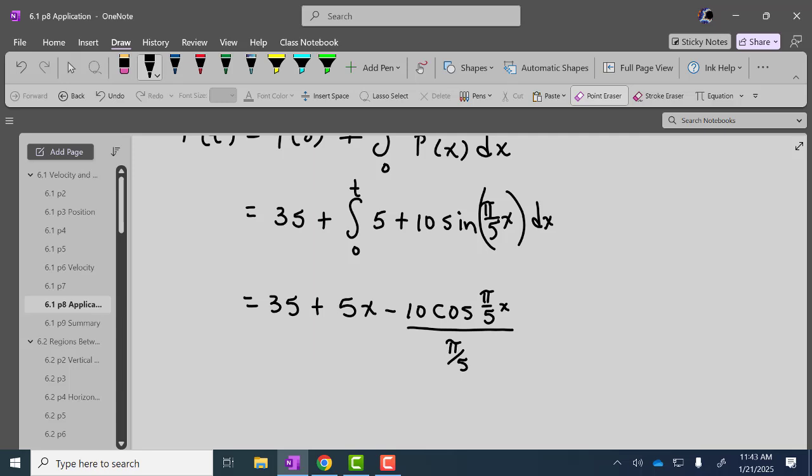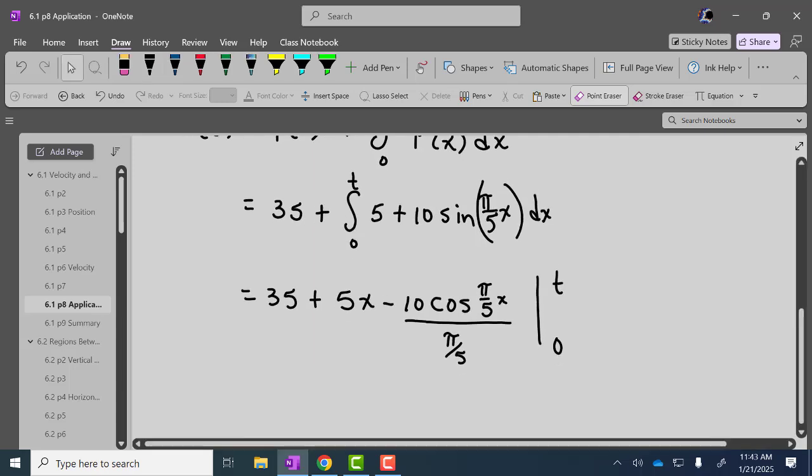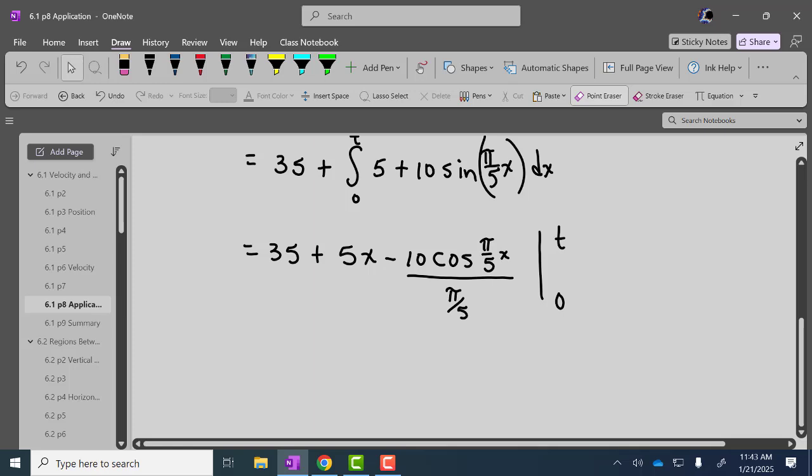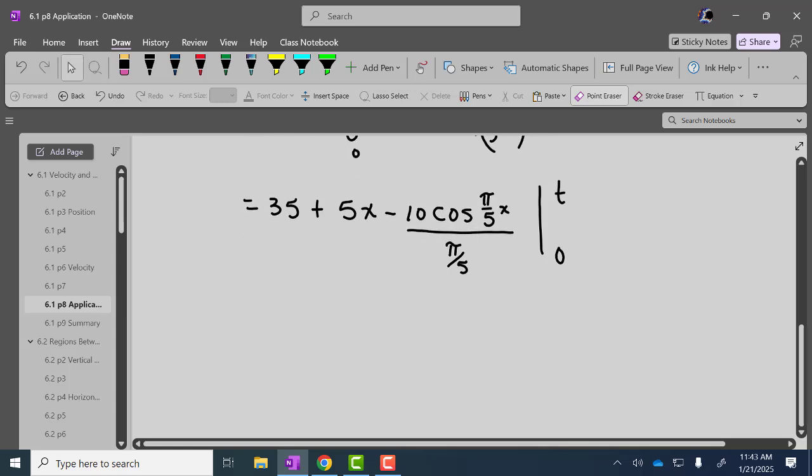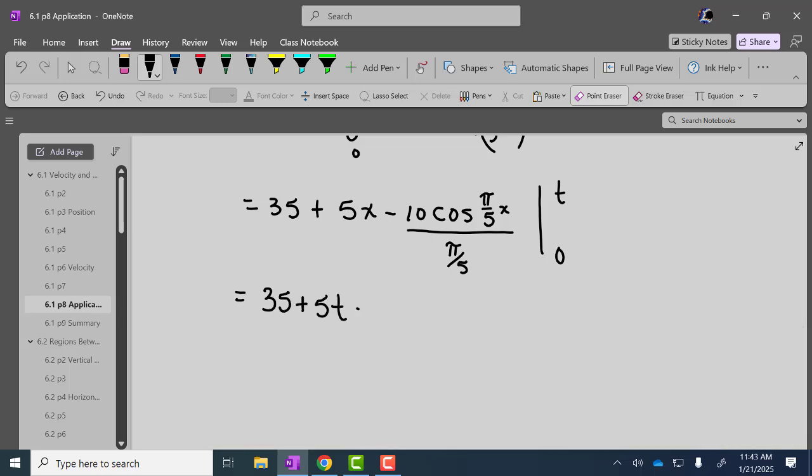We take the derivative of the angle, which gives us the coefficient, divide by that, and then we get evaluation from 0 to t. Plugging in the t is pretty straightforward. That's going to be 35 plus 5 times t minus, okay, dividing by a fraction means multiply by the reciprocal. So negative 50 divided by pi. And then this is going to be cosine of pi over 5 times t. That's in our angle place.